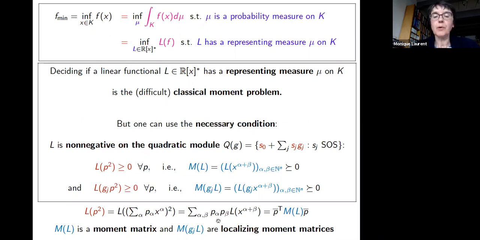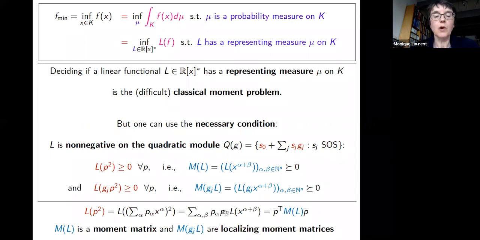You expand the product and you get the sum over alpha, beta of p_alpha p_beta, L evaluated at the monomial x^(alpha+beta). Then, using the definition of this moment matrix M(L), this is equal to the quadratic form with the matrix M(L), evaluated at the coefficient vector of p. So in other words, L of p squared is non-negative for all p if and only if the moment matrix M(L) is positive semi-definite.